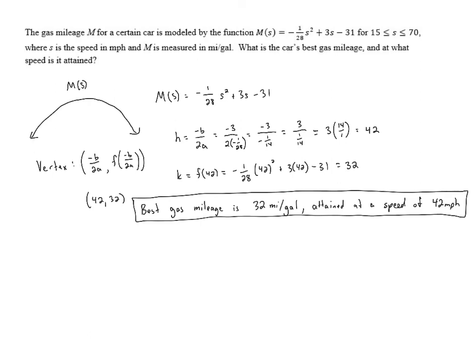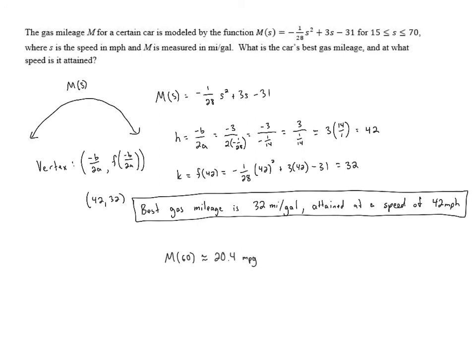If we were driving on the freeway, let's say at 60 miles per hour, to find the gas mileage, we would have to substitute 60 in for our function. If you do that, I've just done it with a calculator, you end up with about 20.4 miles per gallon.